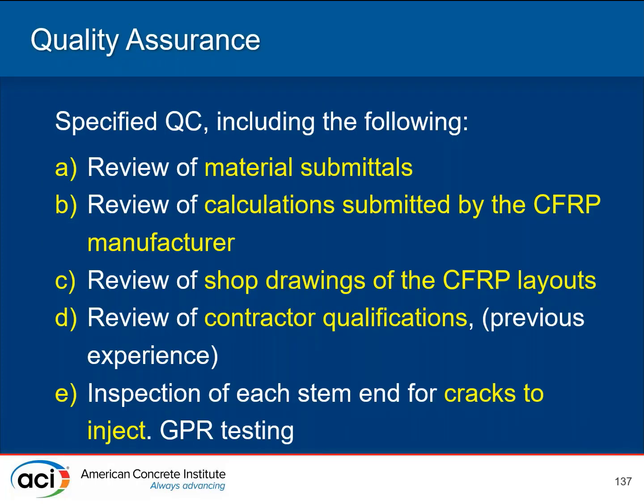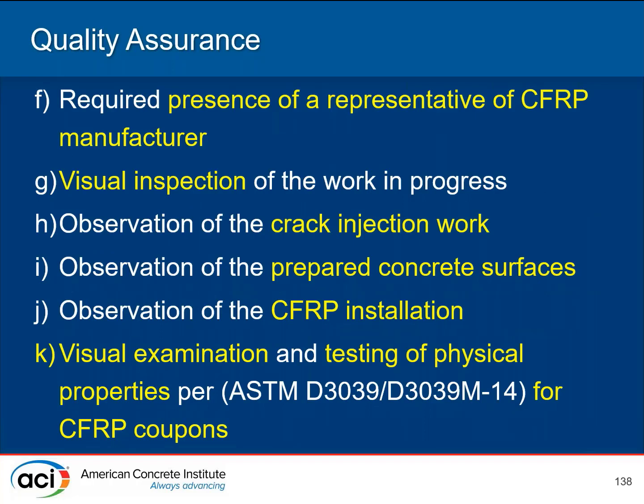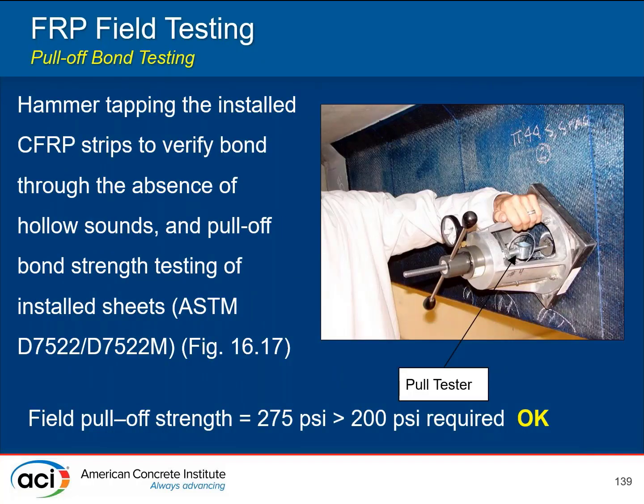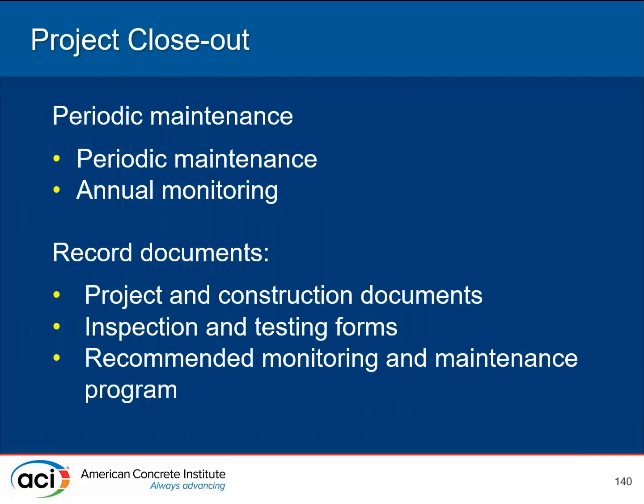QC was done, review of all the materials and metals, the delegated design, qualifications during the process. And then the important thing for this, bond was going to be critical, so they definitely did bond testing to verify that the FRP was well bonded to the concrete.